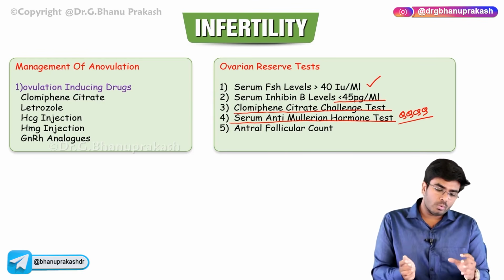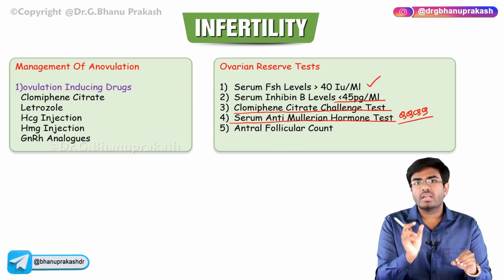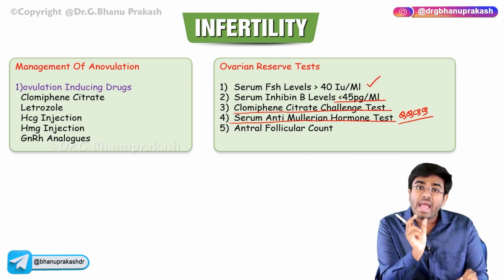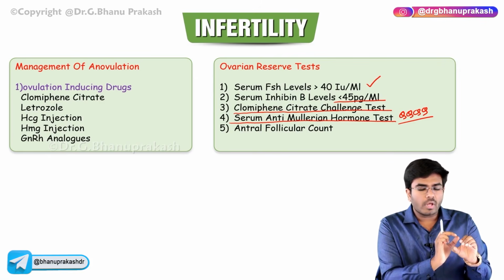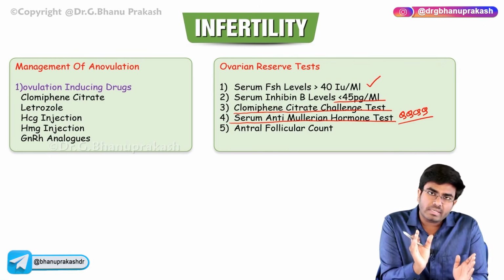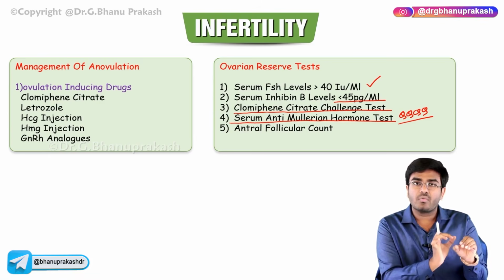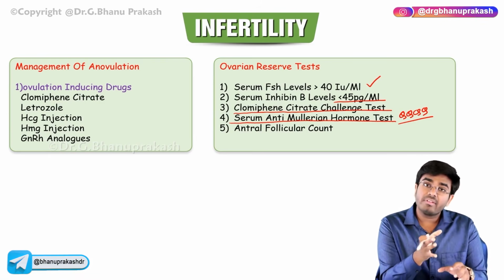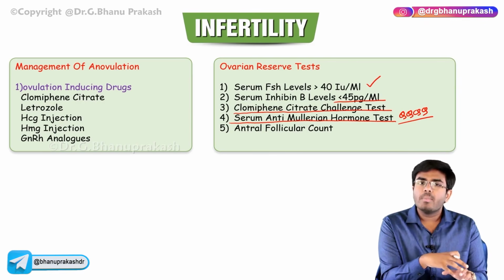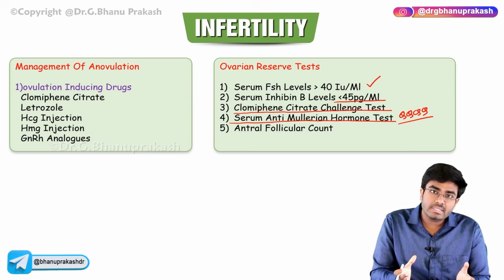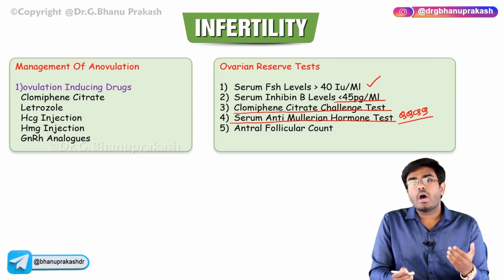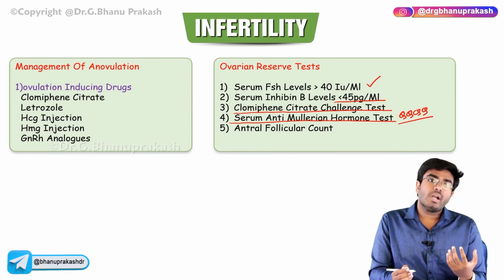Or you can also do just the antral follicular count. We are counting the antral follicles. If you can see a good number of antral follicles, it means she has the follicular load in the ovaries. But if you couldn't find the antral follicles, it means the follicles are not present, the follicles got exhausted.